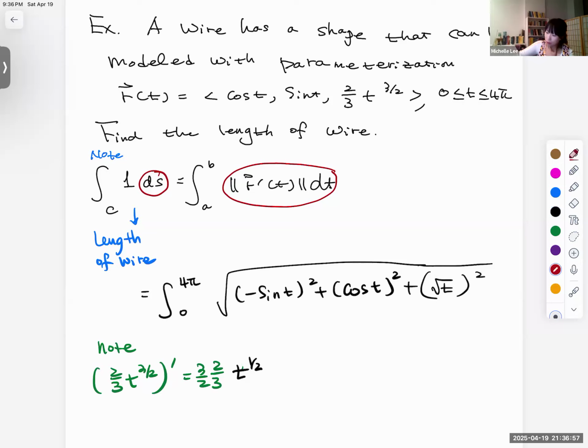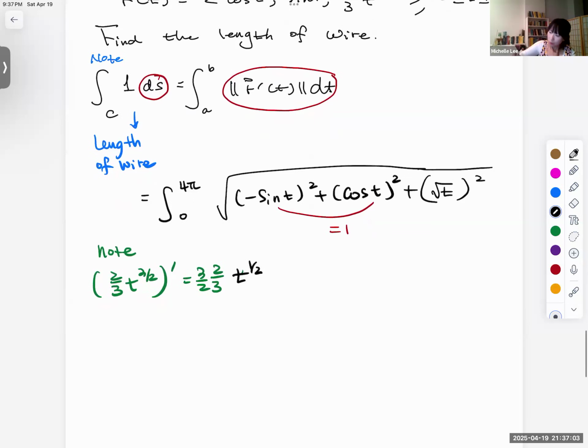So we knew this is equal to 1, and then we get 1 plus t. We had the experience earlier, right? 1 plus t. Now, dt.